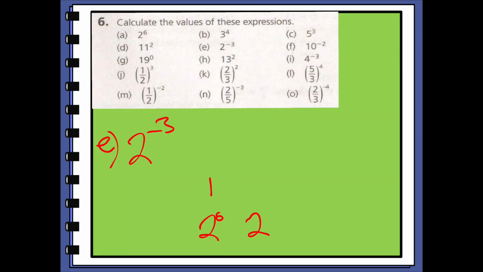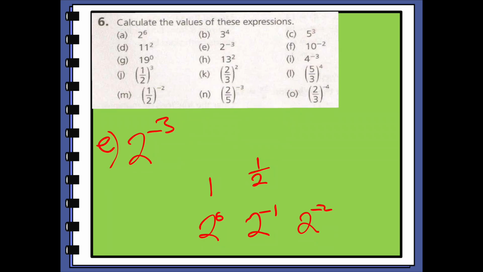Then as we go to the other side of the number line, after 0 we have 2 power negative 1. This side we have got 2 power 1, but we are looking at negative numbers. So if 2 power 0 is 1, 2 power negative 1 will be half, because we are getting smaller as we go. Half. Then 2 power negative 2.